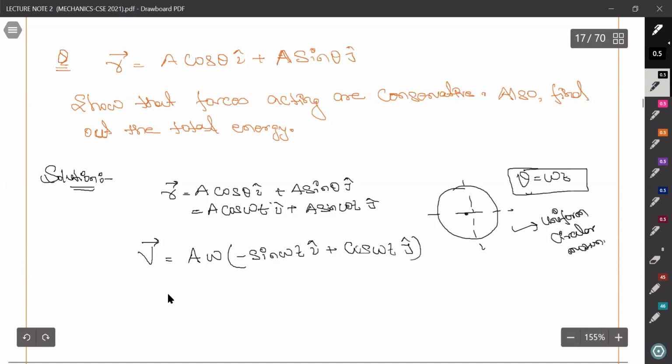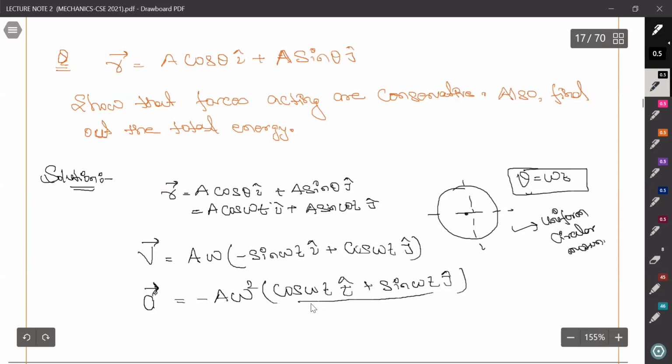Also, we can find the acceleration here. So what will the acceleration become? Omega will come out also. A omega square, if we take the common, it will become cos omega t i cap plus sin omega t j cap. Just see this: this one with a is what? r.